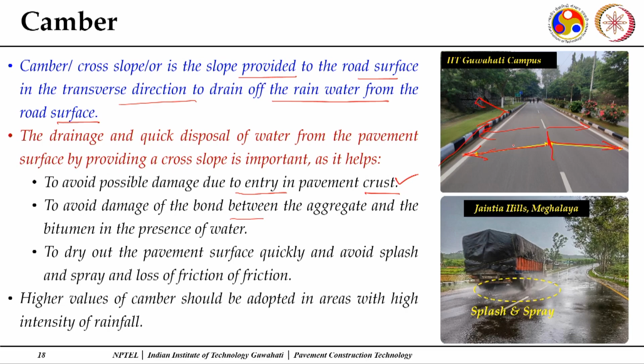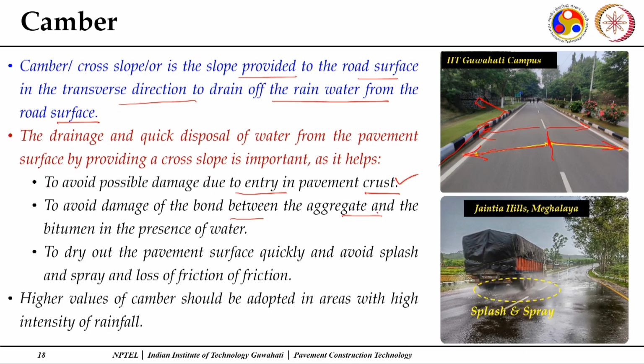Second, for flexible pavements which have a bituminous binder, the bond between the aggregate and bitumen gets damaged in the presence of water, because aggregates have more affinity towards water compared to bitumen. You might have heard many times that potholes are created on the roads, because when water stands over the road surface, it damages the bond and this layer loses its strength or integrity, and potholes are created.